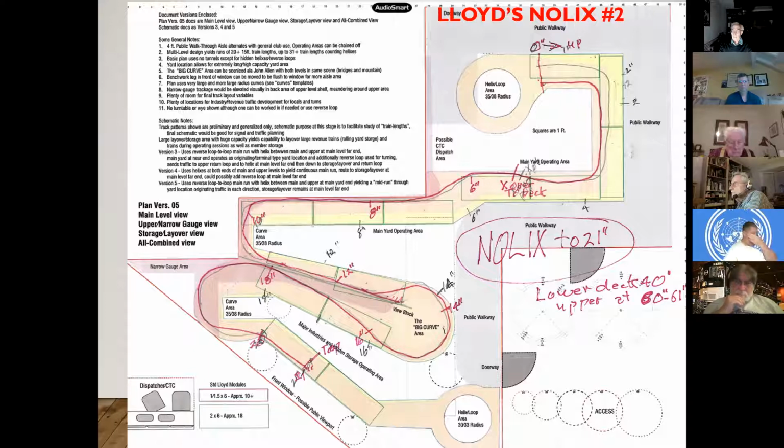So Lloyd, you take your red line there, and where it says the big curve area, that middle blob, I think it says you're 14 inches above the reference point. You've killed your lower deck.